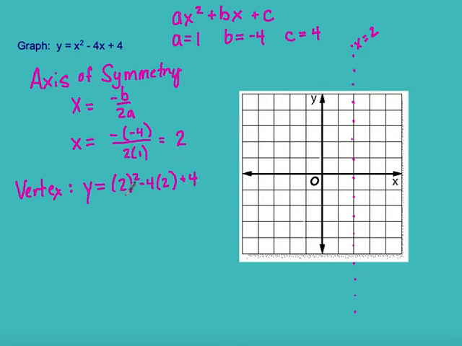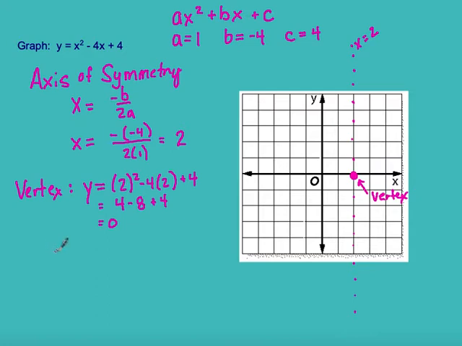And when I do that, I get 4 minus 8 is negative 4, plus 4 gives me 0. So my vertex is going to be located at 2, 0. There's my vertex.